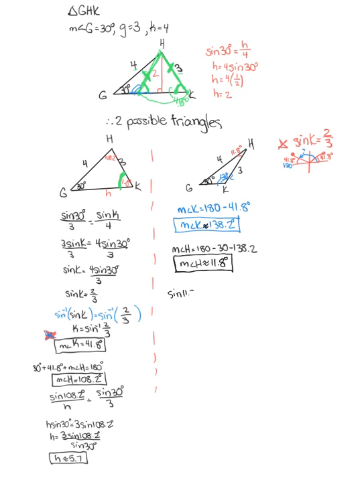Sine of 11.8 degrees over little h, which is going to be that side there, is equal to sine 30 over 3. Do some cross multiplying. H sine 30 is equal to 3 sine 11.8. Divide both sides by sine 30.